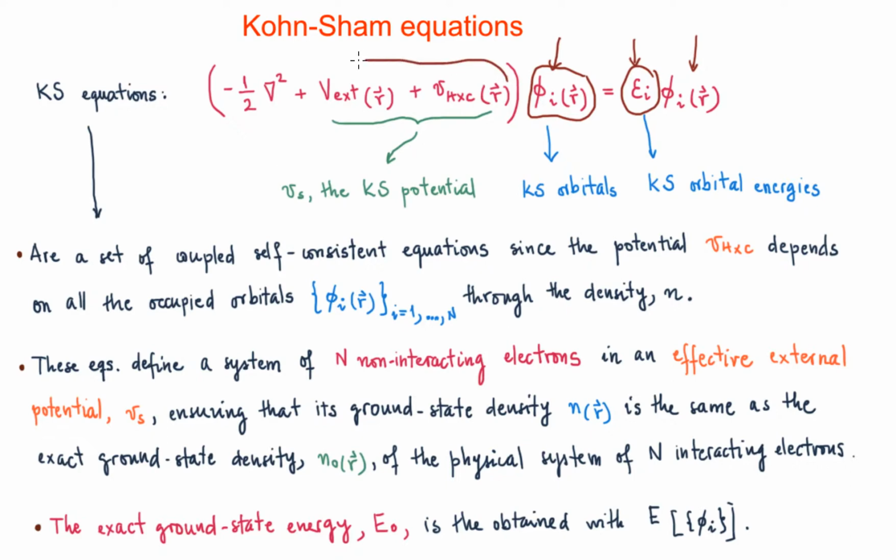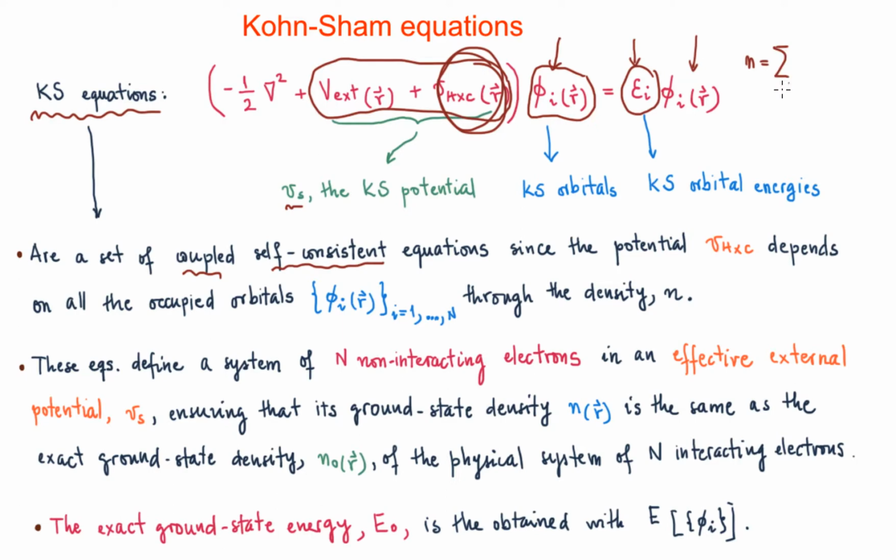And the sum of these potentials here, the external potential and the Hartree exchange correlation potential, is called V_s, which is the Kohn-Sham potential. So these Kohn-Sham equations here are a set of coupled self-consistent equations. They are coupled because this Hartree exchange correlation potential depends on the density, but the density depends on the orbitals.